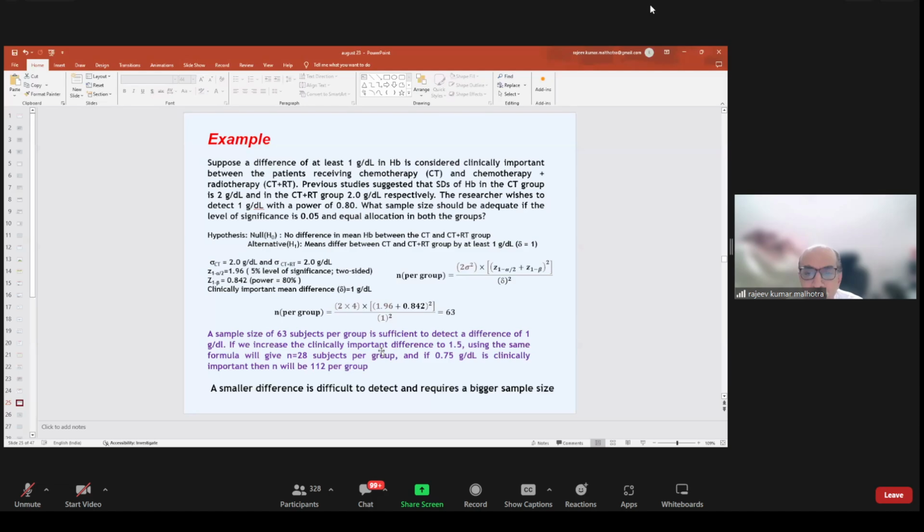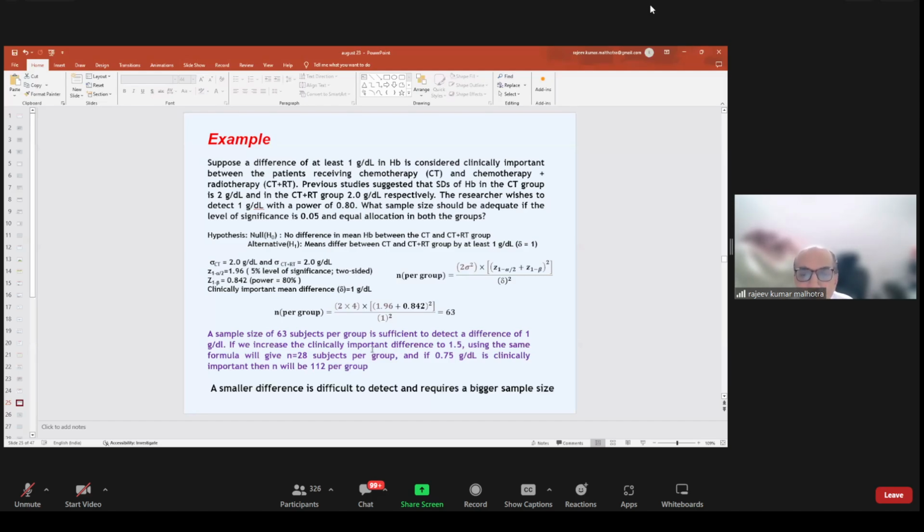But if your clinically important difference increases to 1.5, note the numerator and denominator: if you increase the value of the numerator, the sample size will increase; if you increase the value of the denominator, your sample size will decrease. This generally comes as a question at the PG level or in entrance exams. If you increase the clinically important difference, what is the effect on the sample size?